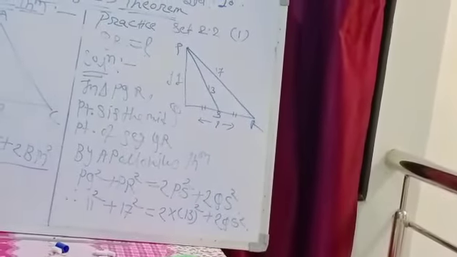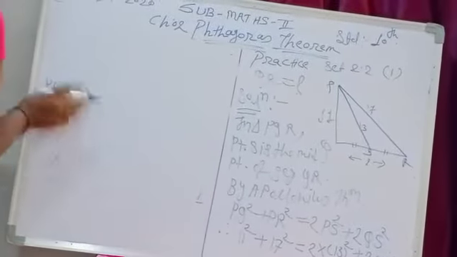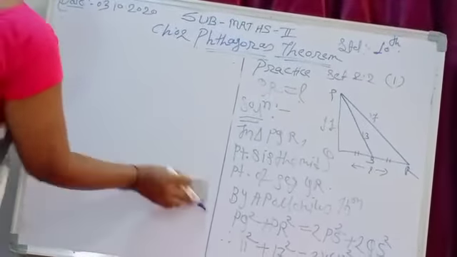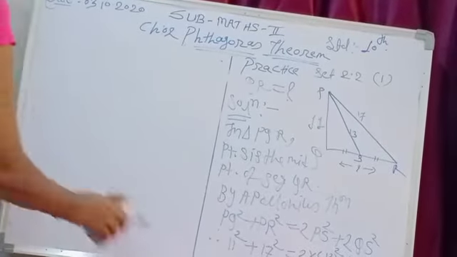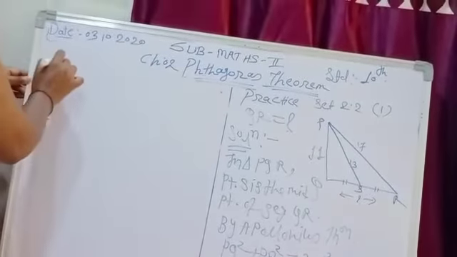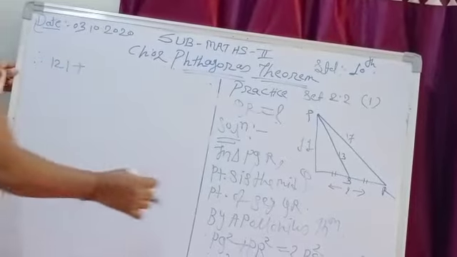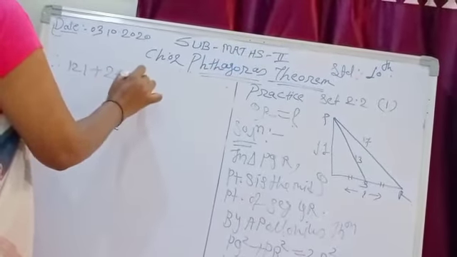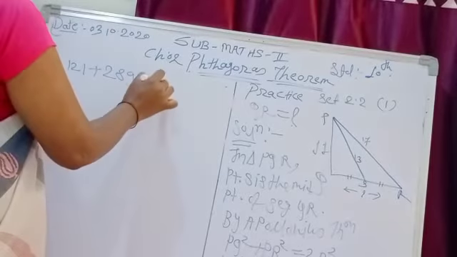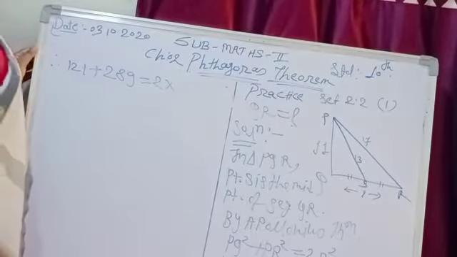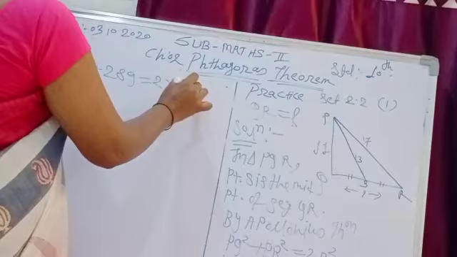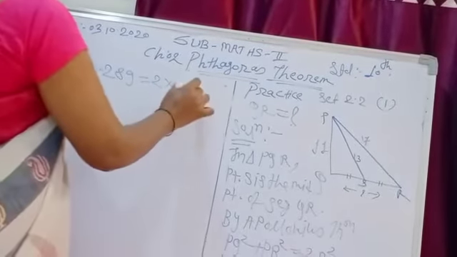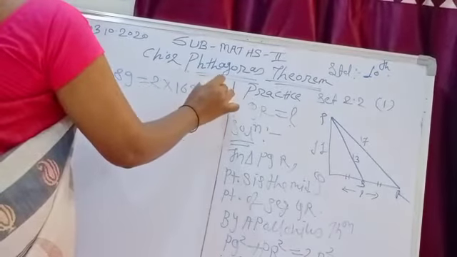And 11 square is 121. 121 plus 17 square, 289, is equal to 2 into 13 square, 169, plus twice QS square.